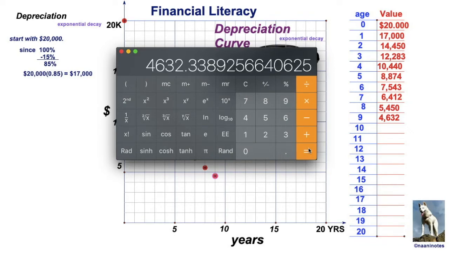And we're going to go all the way to 20 times 0.85 times 0.85 times 0.85 times 0.85. Wish there was a better way to do this.